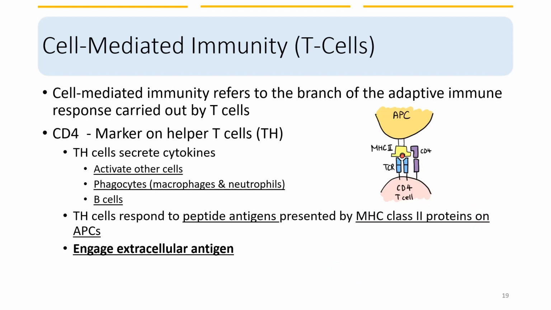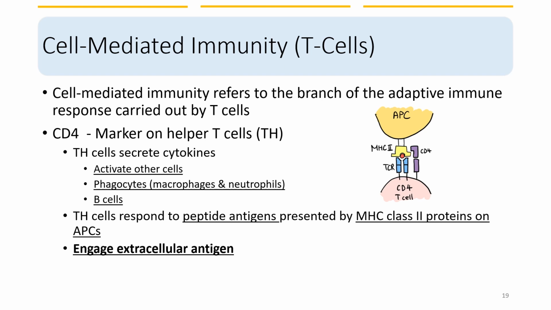Now we will begin to talk about cellular, or cell-mediated, immunity. Cell-mediated immunity refers to the branch of the adaptive immune response that is carried out by T cells. The first major type of T cell is the CD4 T helper cell. T helper cells all have CD4 as their marker.